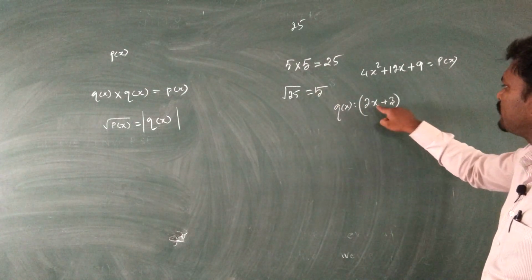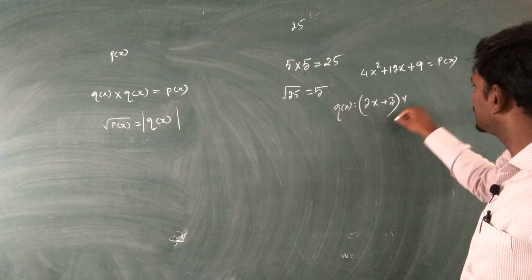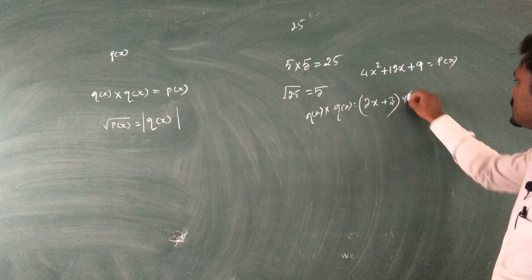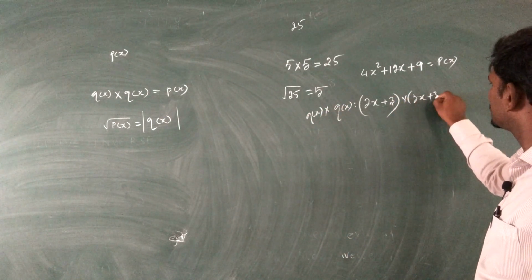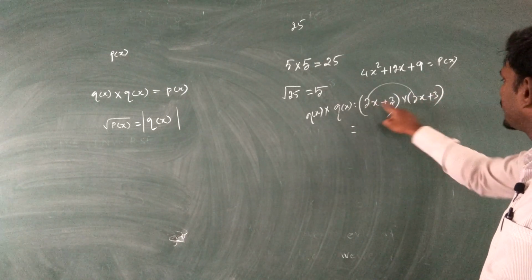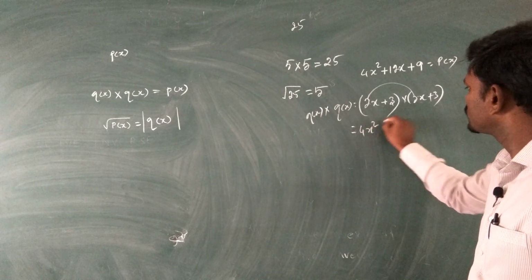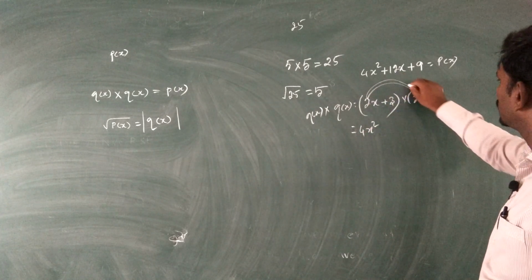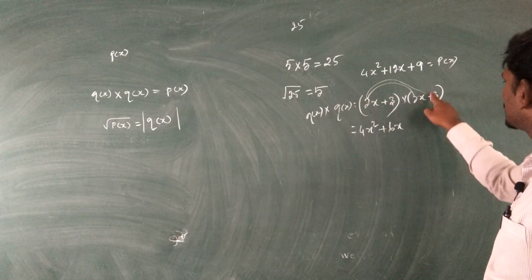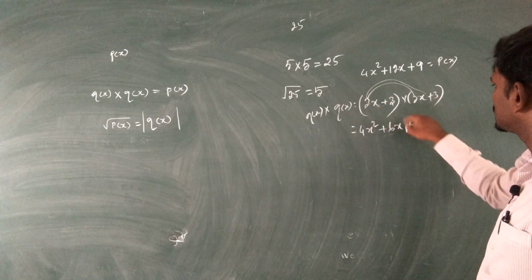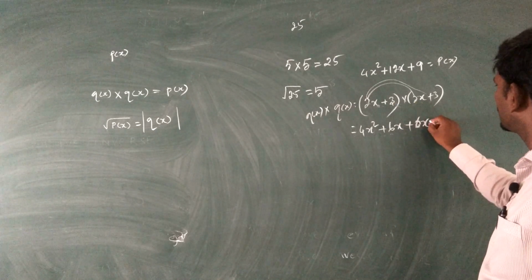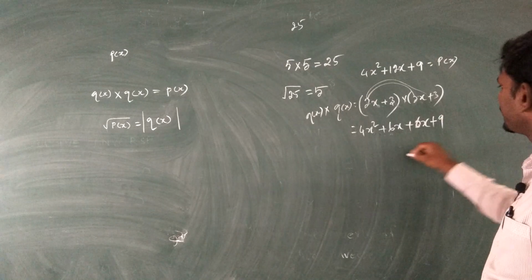If we multiply this q of x by itself, let us multiply. 2 2s are 4x into x, 4x square. 2 3s are 6, into x, 6x, plus 3 2s are 6x, plus 3 3s are 9.